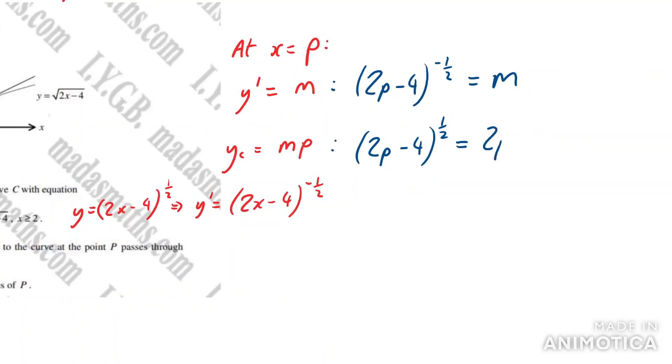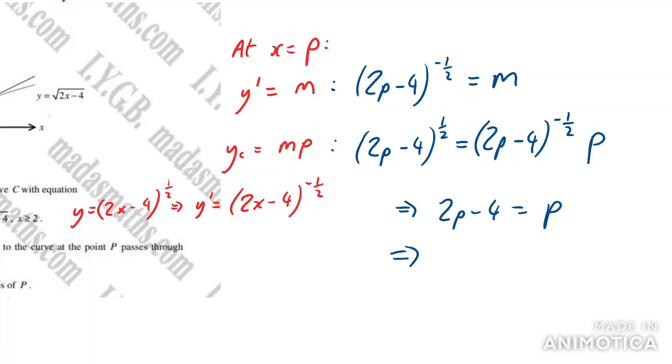In other words, (2p minus 4) to the minus a half times p. And so multiplying up by (2p minus 4), we get 2p minus 4 equals p. And so p is equal to 4.